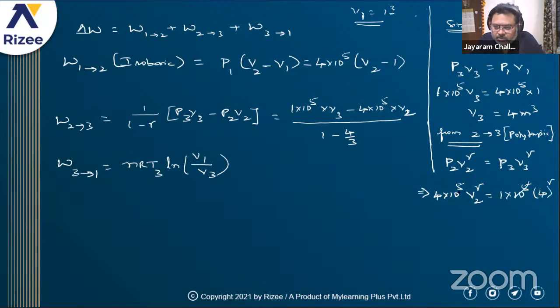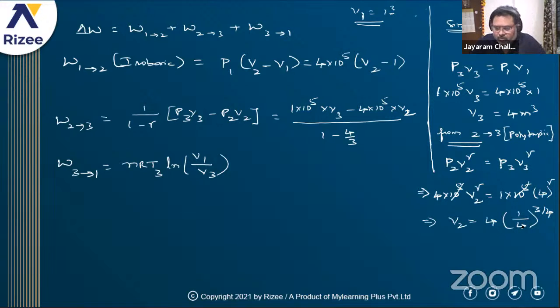So if I remove these two things, V2 value we need actually. If I go for that particular relationship, I'll be getting V2 is equal to 4 into 1 by 4 whole to the power of gamma, that is 3 by 4.